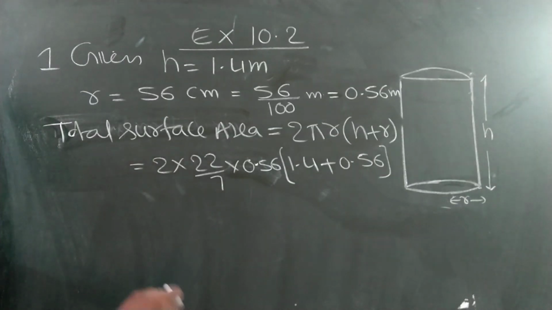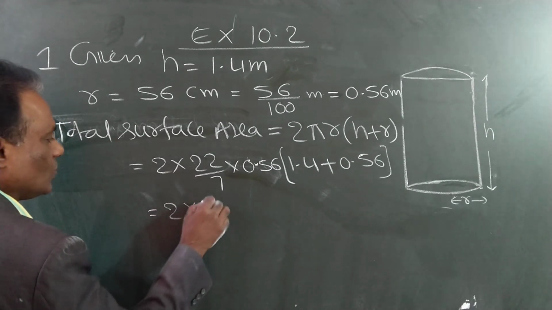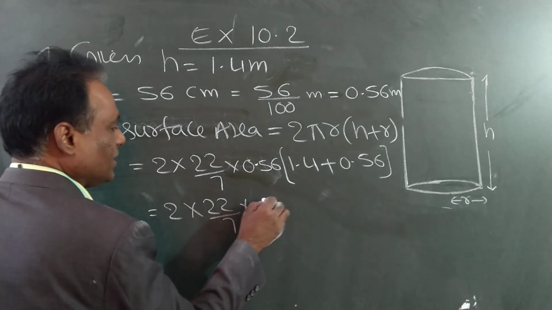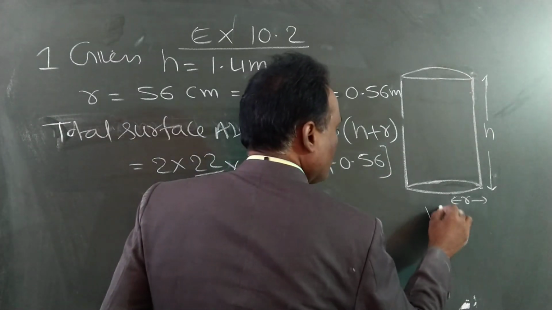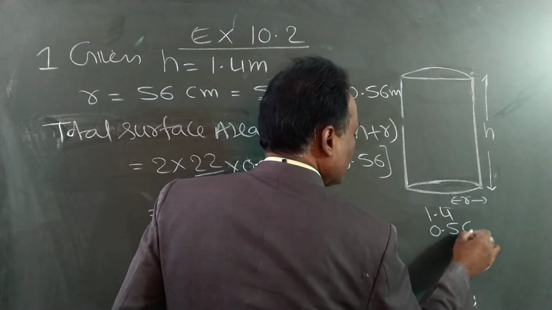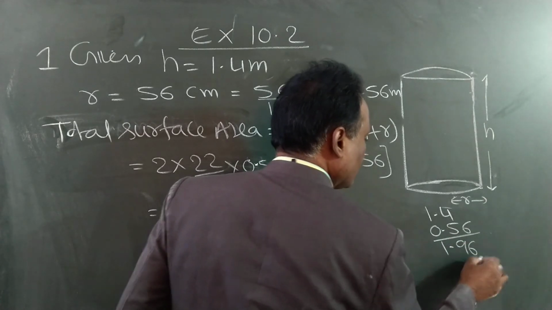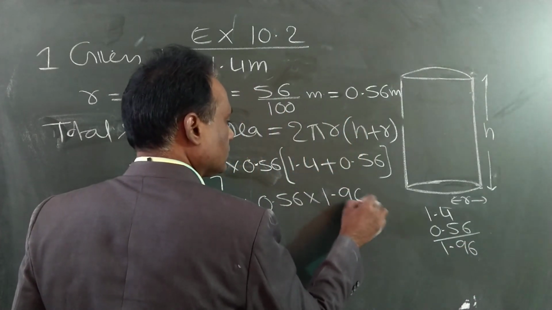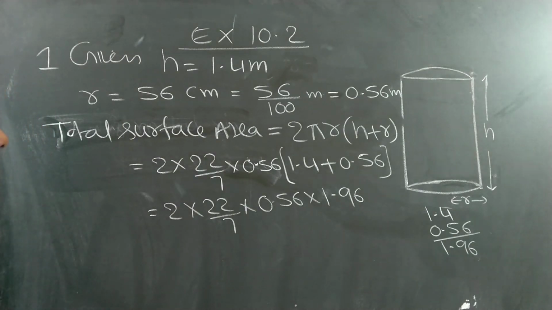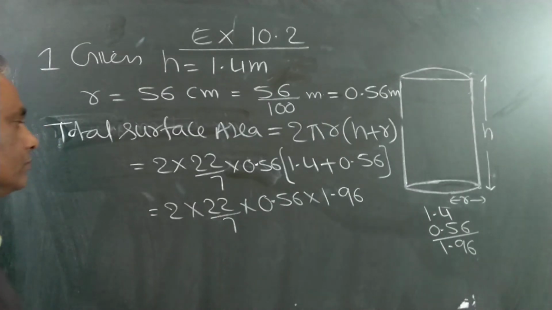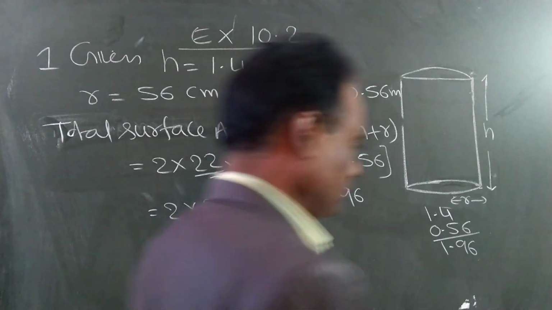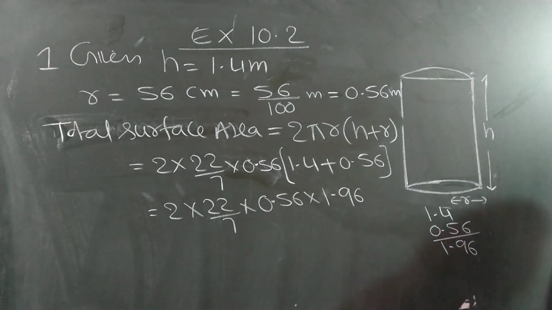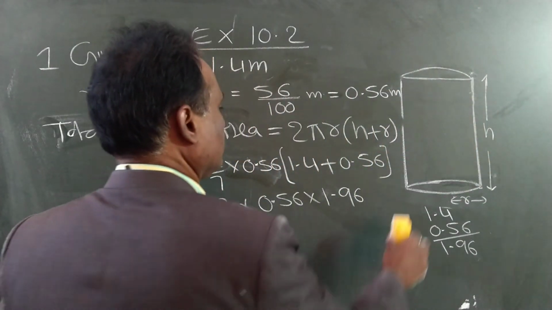Simplify. That is the answer. 2 into 22 by 7 into 0.56 into, add these two, 1.4 plus 0.56, so 1.96. Simplify this.